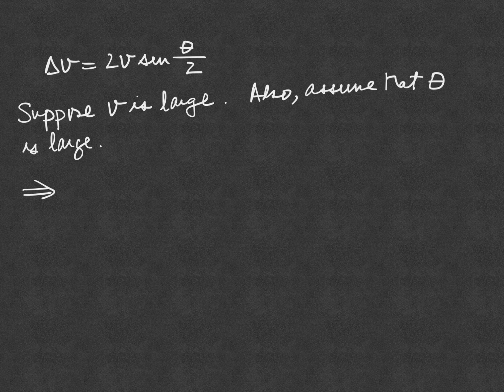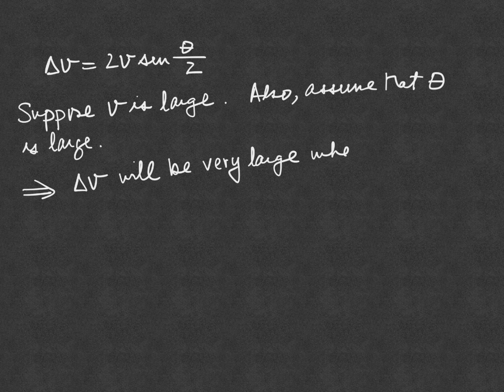Then that implies that delta V will be very large when V and theta are large. So what that means is that if we ask for a very large rotation of the velocity, it's going to require a very large impulse.